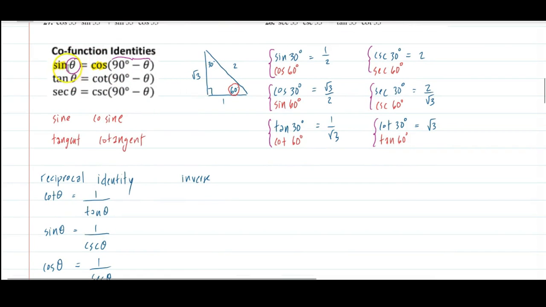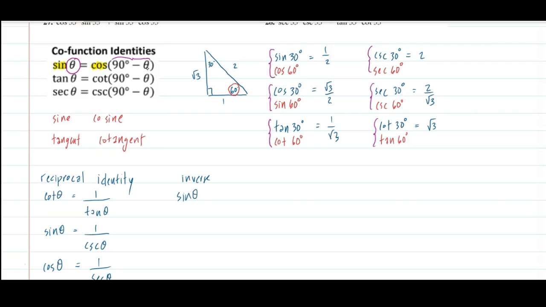They're just saying if you wanted to find the sine of some angle, just find its cosine, and you don't need to use that angle anymore. You can basically use 90 degrees minus theta. It's an interesting way of going about it. It's not often used, these cofunction identities, but you do certainly need to know them. And again, don't get confused with inverse.